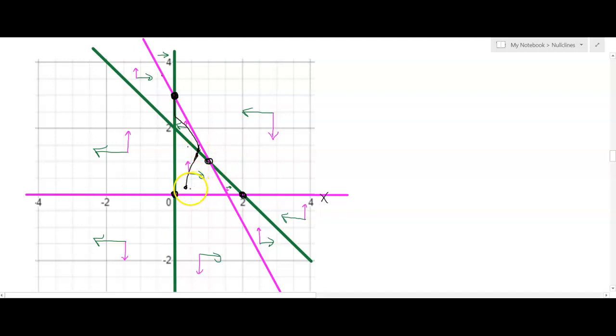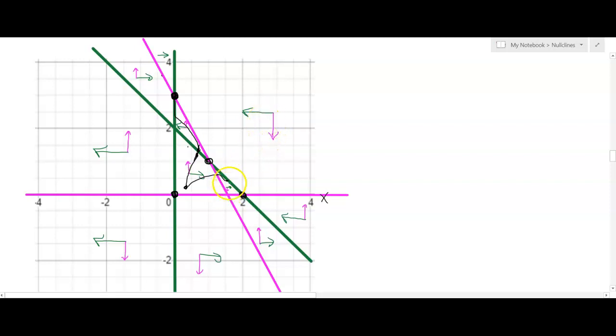Now, another thing that could possibly happen based on the information that we have now is this point goes up and to the right, but breaks into this region. And if it breaks into this region, now it's going to move down and to the right, so it can move and hit this nullcline here. But what happens if it hits this nullcline? Well, that's an X nullcline, meaning it can't pass to the right of that because dx/dt is 0 on that green line.